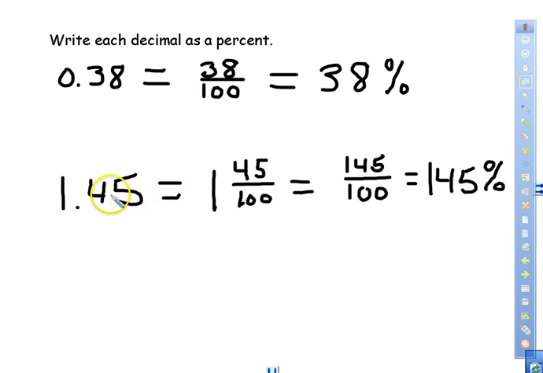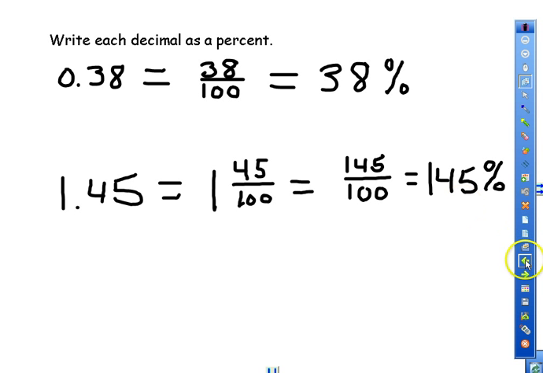So we do the same thing with this. 1 and 45 hundredths, which is 1 and 45 100ths. Since this is a number with one whole, you could make it into an improper fraction, which would be 100 times 1, which is 100, plus the 45, to where you get 145. And you write that over 100, and you get your percent, 145%.